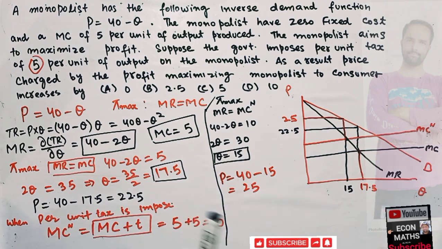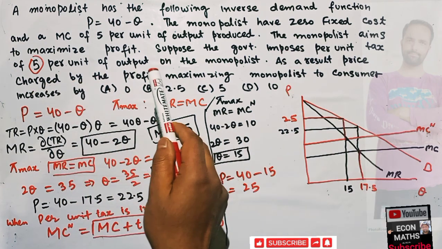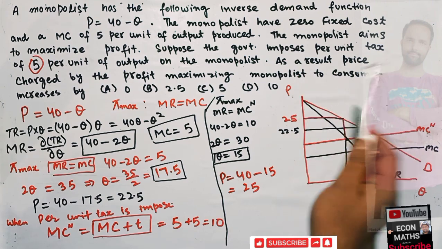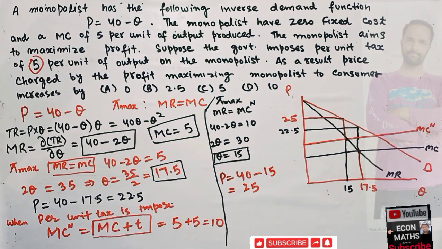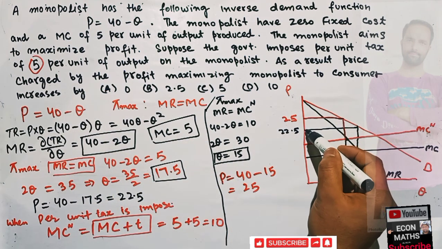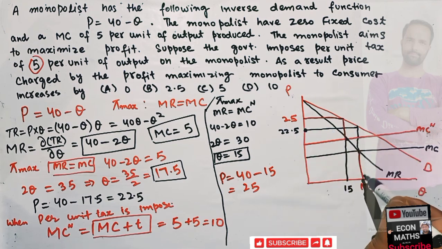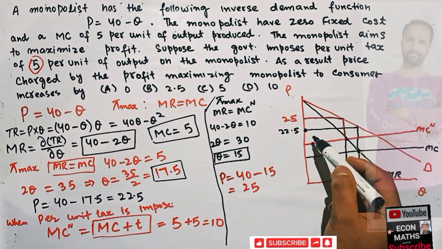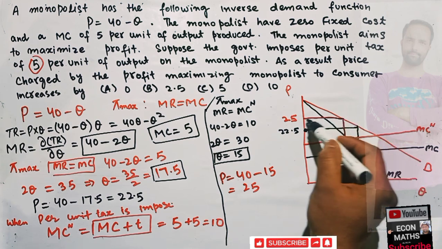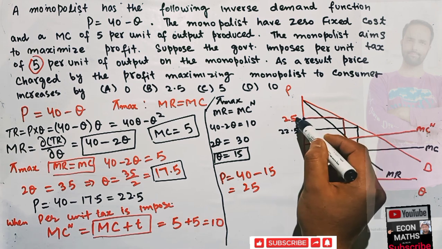Now as a result, the price charged by the profit maximizing monopolist to the consumer increases by, so originally the consumer was paying 22.5 when there was no tax imposed. When the per unit tax was imposed, the price that the consumer is bearing is equal to 25.